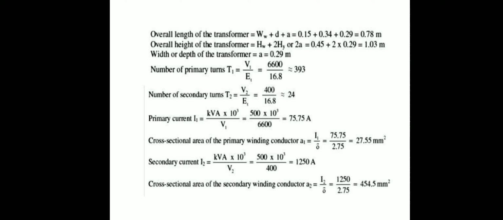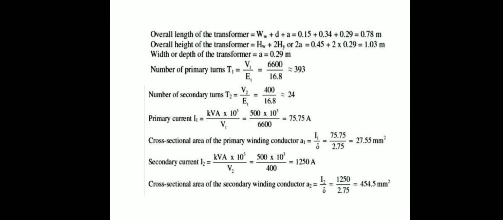Number of primary turns T1 is equal to V1 upon E1. Put the value 6600 upon 16.8, which is approximately 393. The next one is number of secondary turns T2 is equal to V2 upon E2, that is 400 upon 16.8, approximately 24.